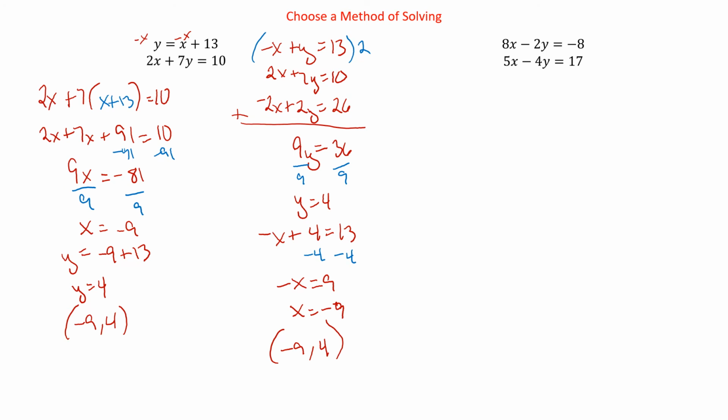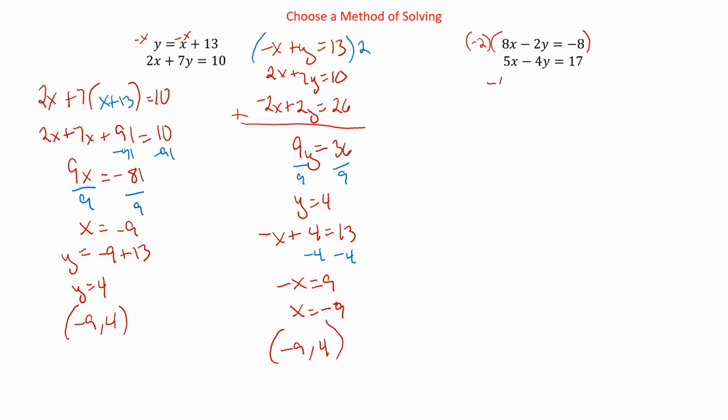Now let's look at that second one and choose elimination. So first we need to multiply to get our variables with the same number. So in this case I would choose the y's because I can turn that negative 2 into a positive 4 pretty easily. Just multiply by negative 2.